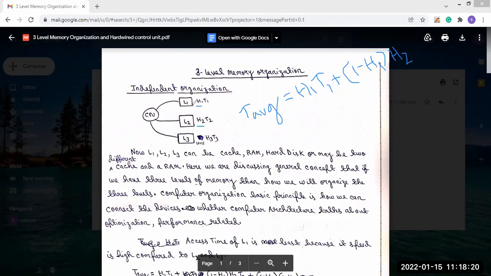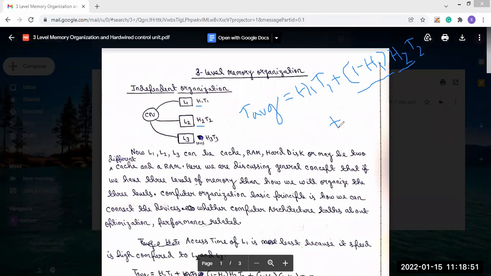That means we didn't find the data in the L1, so we used the miss concept first, and then the hit, because if the data is found in the L2, the hit has occurred. So we consider H2, and the access time will be T2. So this is the second case.